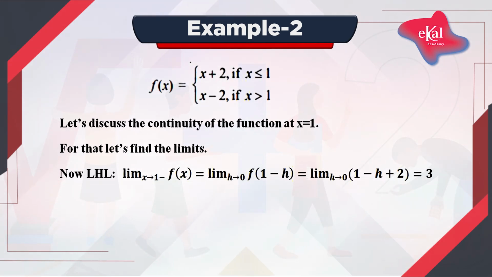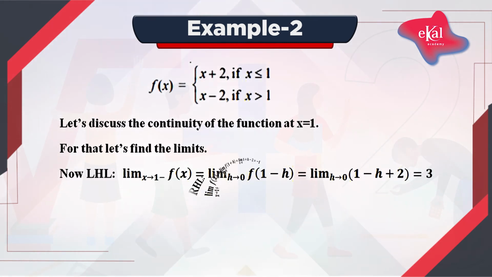So, we have to take the value of the function for x smaller than 1. Clearly we will substitute the function x plus 2 here, which means 1 minus h plus 2, and that becomes limit h tending to 0 of 3 minus h. When h is tending to 0 it becomes 3.